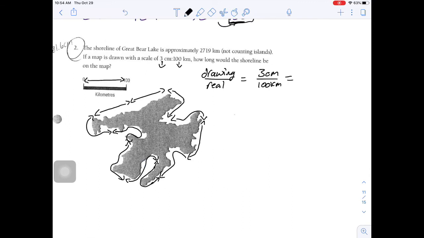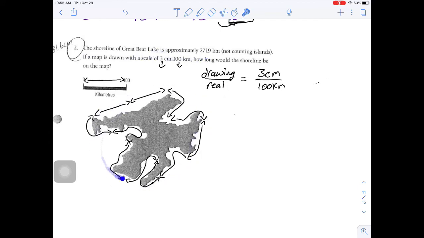So this would be 11 times 100 kilometers over X amount of centimeters. So here, oh my goodness, I read the question wrong. I made that way more difficult. So this is important. I'm going to keep this in because you should always read the question a few times. So it tells us the Great Lake is approximately 2,719.